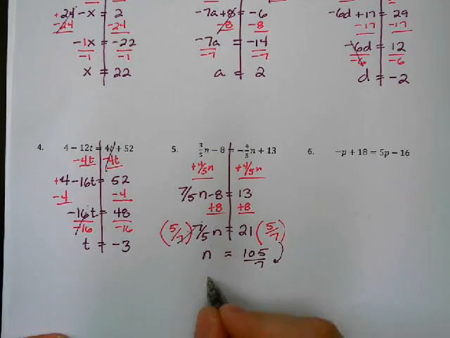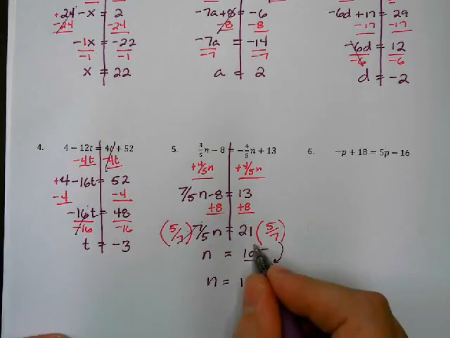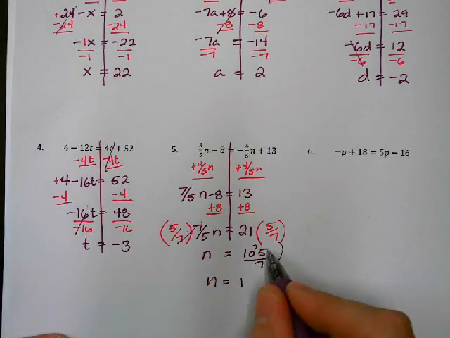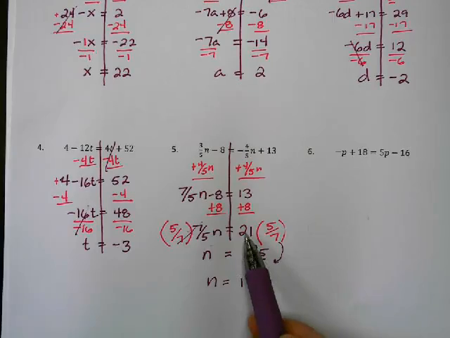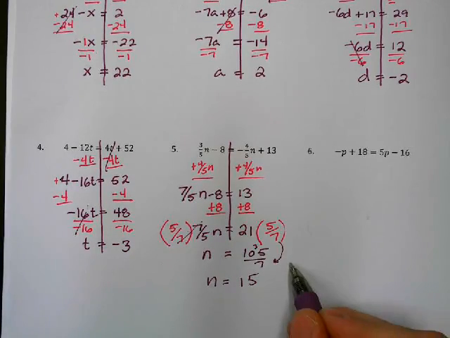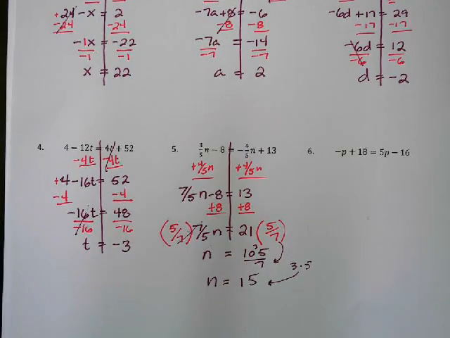So 7 goes into 10 one time with 3 left over, and 7 goes into 35 5 times. My answer is 15. Could you have divided by 7 first? Of course you could have. If you take 21 and divide by 7, you get 3, and then you would multiply by 5, and you still get 15. Tricky.